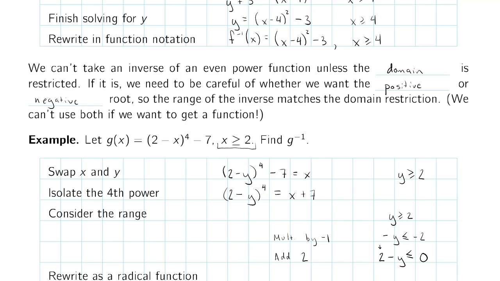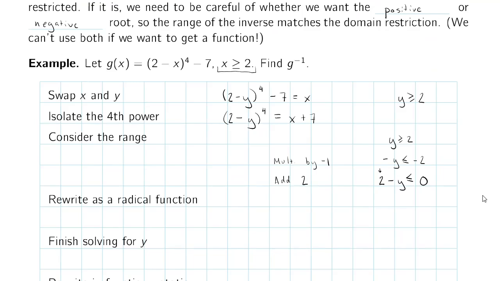Okay, so 2 minus y, I want to be negative. So on the left, I'll have 2 minus y equals, I'm going to take the fourth root, x plus 7, and I'm going to take the negative fourth root. Why do I want the negative fourth root?